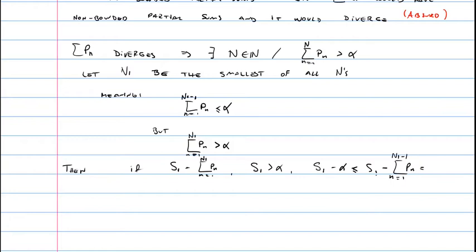So in S1 we have all the positive numbers up to n1, and then we are subtracting all the positive numbers up to n1 minus 1, and so we're only left with p sub n1. And the idea is to now add negative numbers to have a sum smaller than alpha.